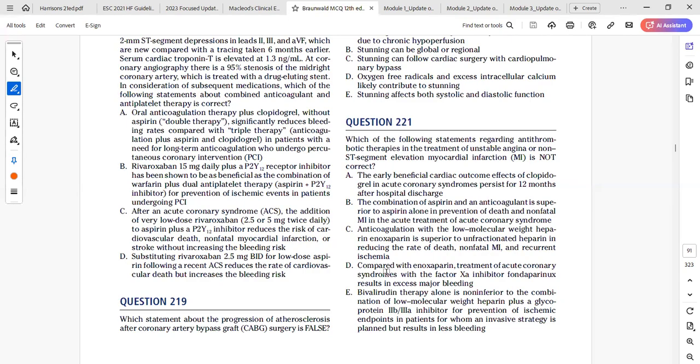So for option A, they said the combination of an oral anticoagulant and a single antiplatelet reduces risks of bleeding compared to triple therapy. So for this question, it's true.